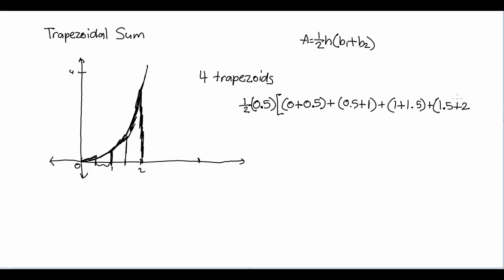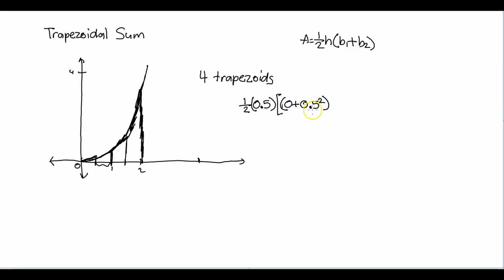Okay? Whoops. It's not the values, it's the f of them. Okay, so it is base 1, which is 0, plus base 2, 0.5 squared.